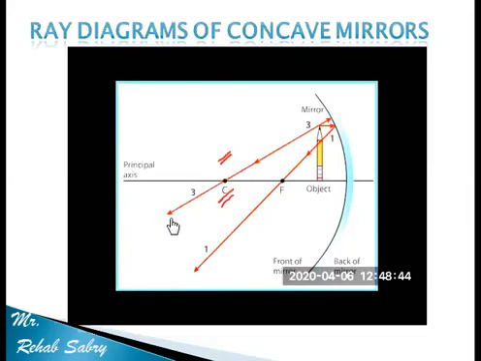They are going far from each other, and we agreed that if the reflected rays are going far from each other, we have to extend them to meet each other behind the mirror. And whenever we say behind the mirror, we are talking about what? Real or virtual image? Excellent answer. Virtual image. So we extend these rays to meet behind the mirror. So it's the virtual image.